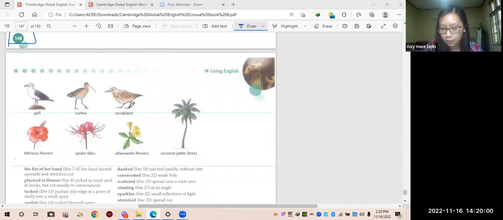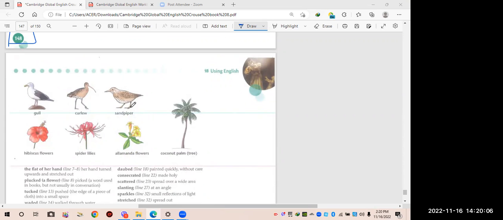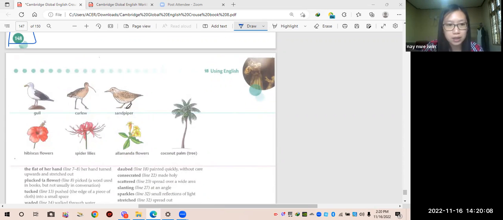Is there any more words that you find in the text, except these three words? Nope. Okay. So how about the plants and trees? It can be hibiscus flowers, spider lilies, and coconut palm tree, right? Did you find more words except these four vocabularies? No. Okay, so the answer has already been given right here, right? So we don't even need to find out.